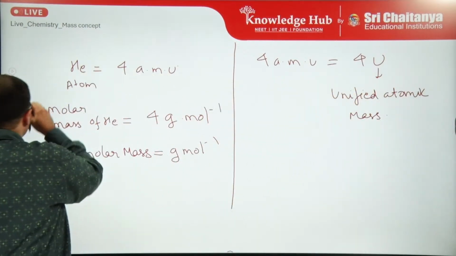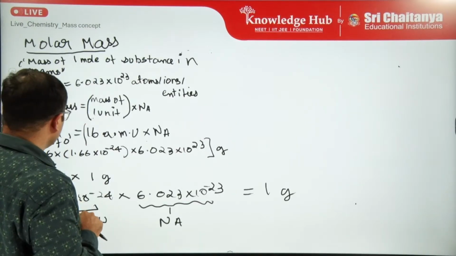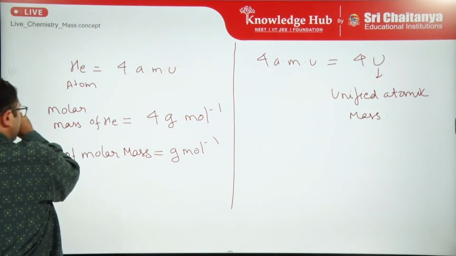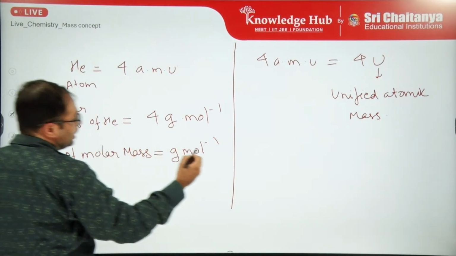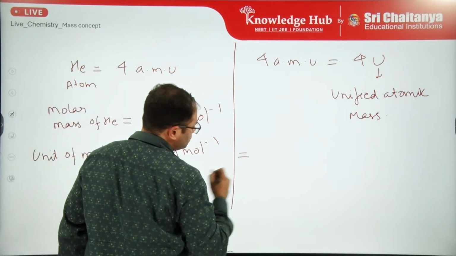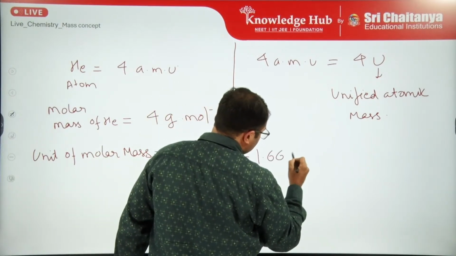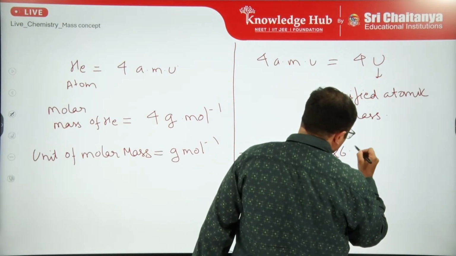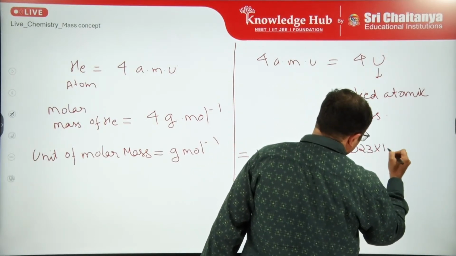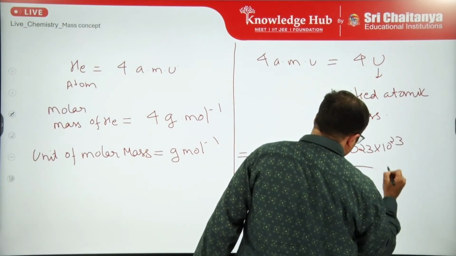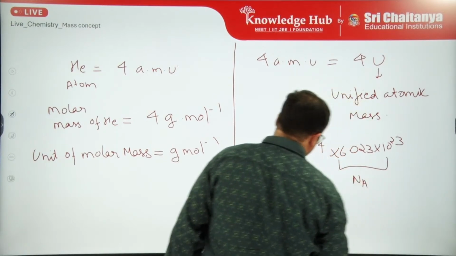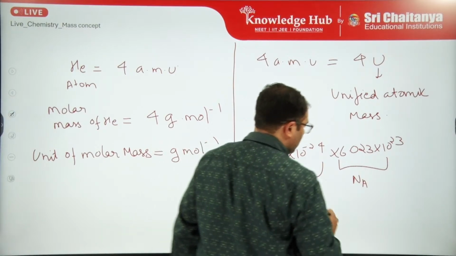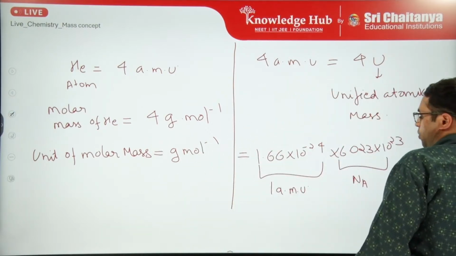So this was all about molar mass. Now from the previous slide, I already told you that 1.66 into 10 raised to power minus 24 into 6.023 into 10 raised to power 23. This is 1 AMU, this is Na, and multiplying them you will get a value of 1.